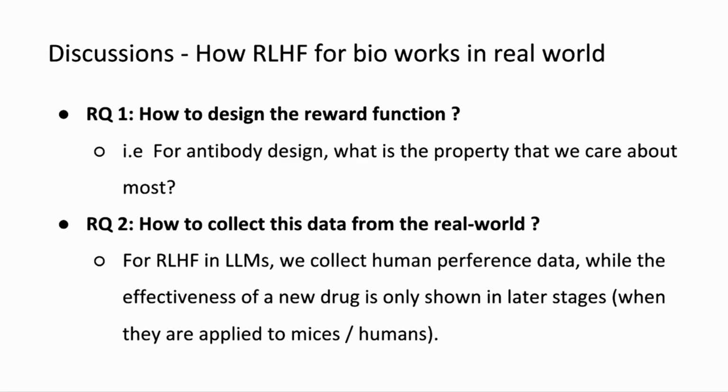And also how to collect this data from the real world. For reinforcement learning in LLMs, we can easily collect human preference data, while the effectiveness of a new drug is only shown in the later stage of development, like when it is tested on mice or humans. So the challenge we need to face here is reinforcement learning in a low human feedback regime.